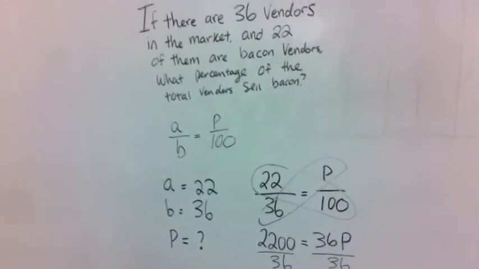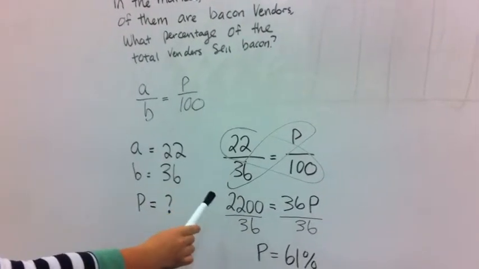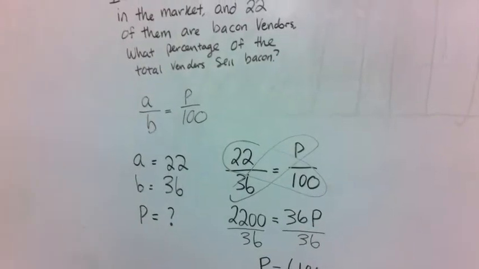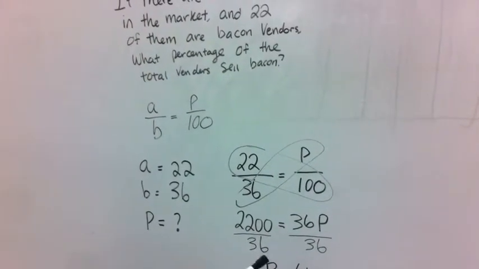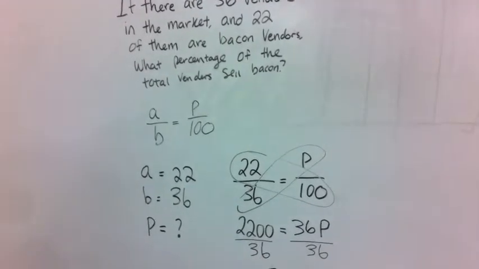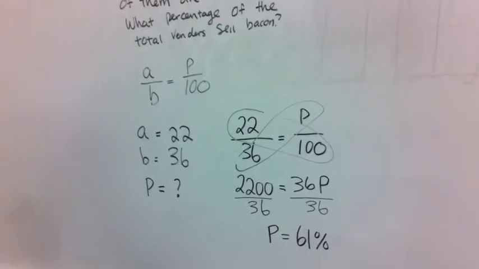So we can just put these numbers into the formula, so 22 over 36 with P over 100, and we cross multiply. So we get 2200 equals 36P. And then we divide both sides by 36, and we find that P is 61%.